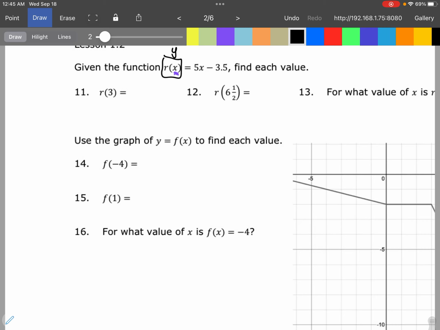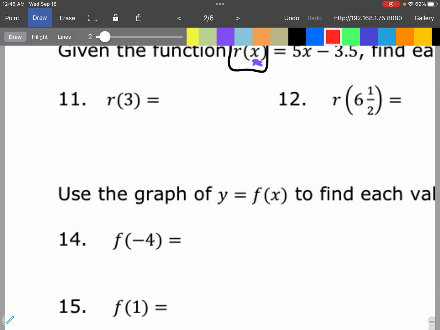So what we're going to do, simply, zoom in, we are going to do 5x minus 3.5. And then we're going to plug in the 3 inside the parentheses for x.